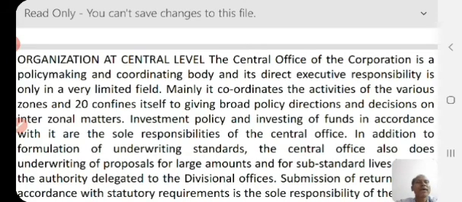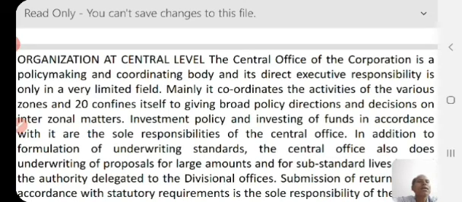Now let us see the organization at central level. The central office of the corporation is a policy making and coordinating body, and its direct executive responsibility is only in a very limited field.